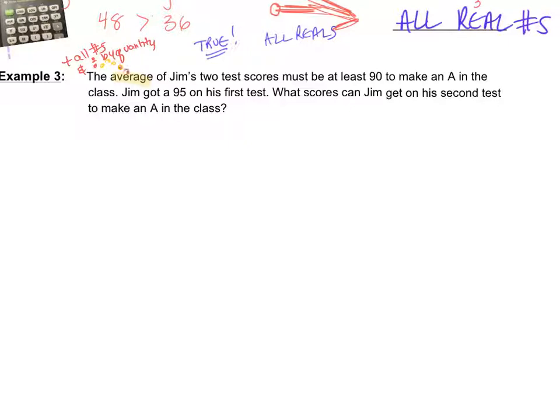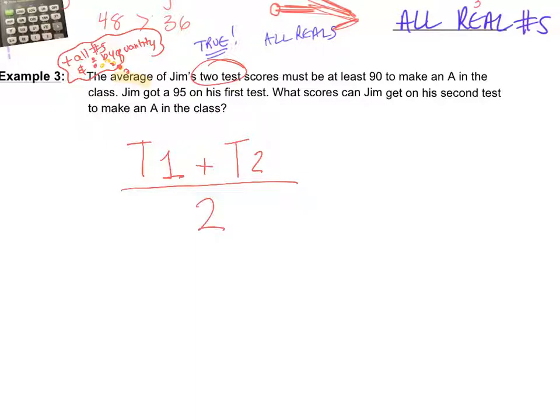So we know that there's 2 tests, so that means I'm going to add test 1 plus test 2, and I'm going to divide by 2, and that's going to give me the average. It must be at least 90. Well, we remember that at least means that it has to be exactly equal or greater than. So we know that has to be greater than or equal to 90.